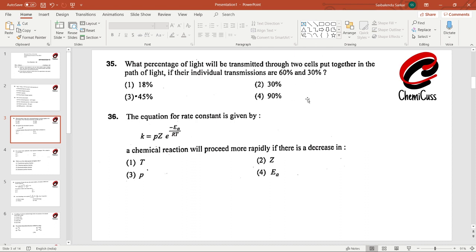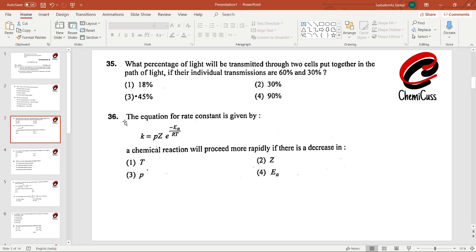So only 60% of the light is transmitted from the cell, and after that 30% of that 60% comes through the second one. That means 30% of 60% is only 18% of the total light. So that's why the first option is correct. So for 35, option number 1 is correct.